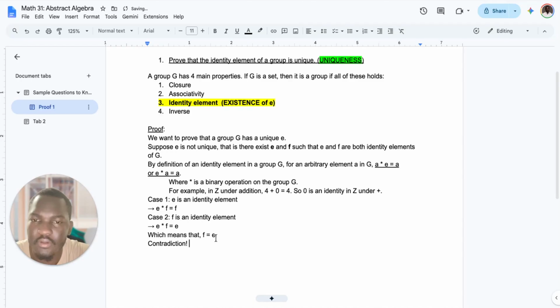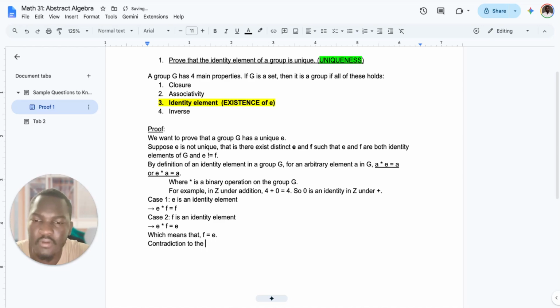We said there exist distinct E and F such that E and F are both identities of G, and E is not equal to F. So contradiction.